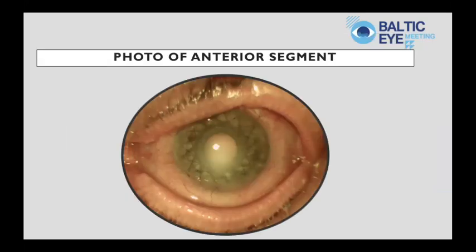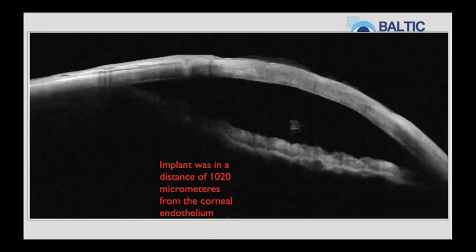This is the photo of the anterior segment after the surgery. Here we can see in the anterior OCT that the implant is located at a safe distance from the corneal endothelium. I'm emphasizing that because some studies showed that when the implant is too close to the endothelium, you can have endothelial loss.